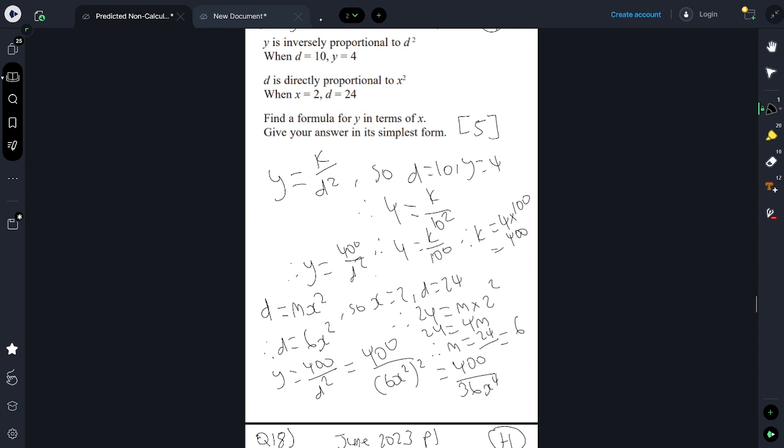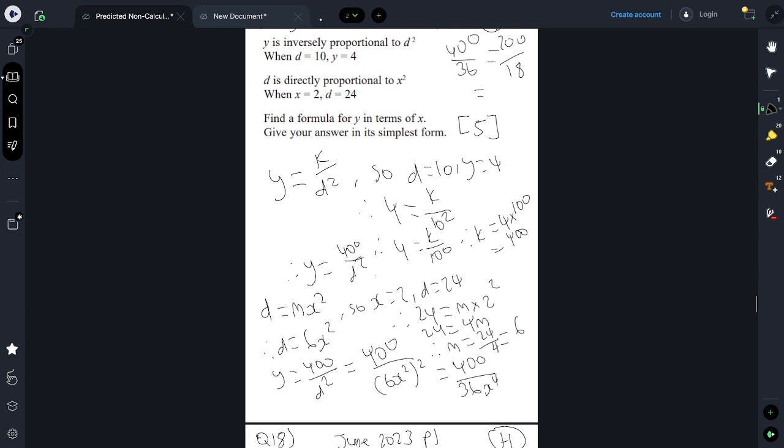Let me make that a bit clearer. However, it says to write in the simplest form, which means we need to simplify the fraction. Well, 400 over 36. Let's do it up here. We know they're both even. Let's simplify. Divide by 2. 36 divided by 2 is 18, 400 divided by 2 is 200.